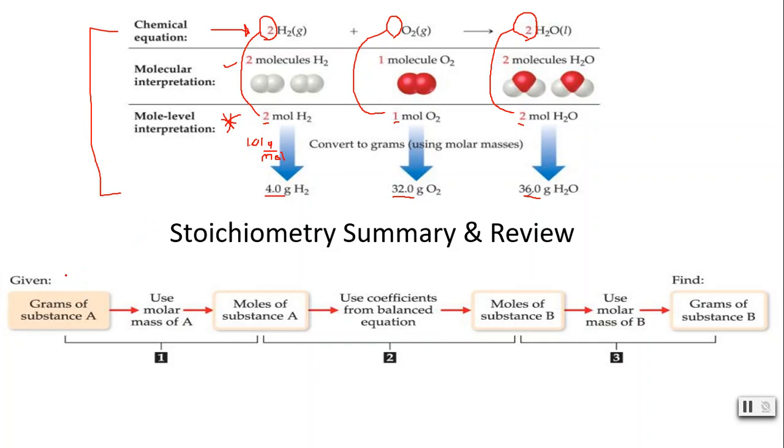Let's say I had grams of hydrogen and I wanted to find grams of water produced. There's no direct pathway to go directly from grams of one substance to grams of another. The only way that connects reactant and product is through the coefficients of the balanced chemical equation, and those coefficients of the balanced chemical equation relate moles, not grams.